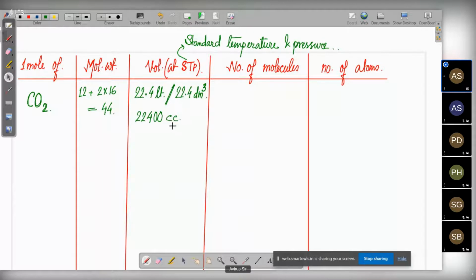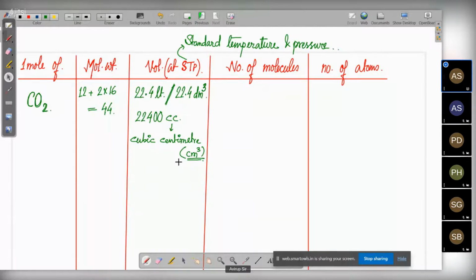Cc is basically cubic centimeter, which is given by centimeter cube. So one molecular weight of a substance has a volume of 22.4 liters.